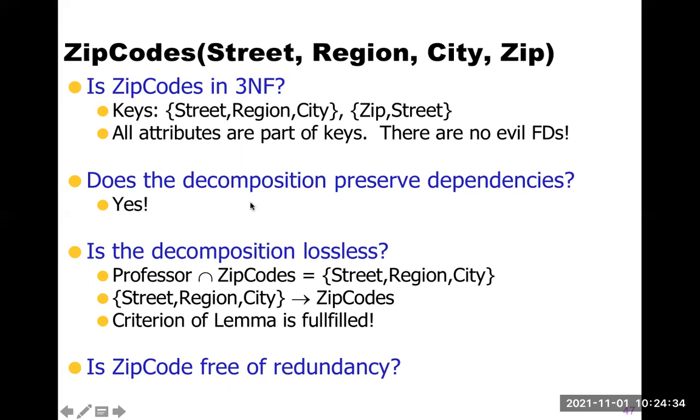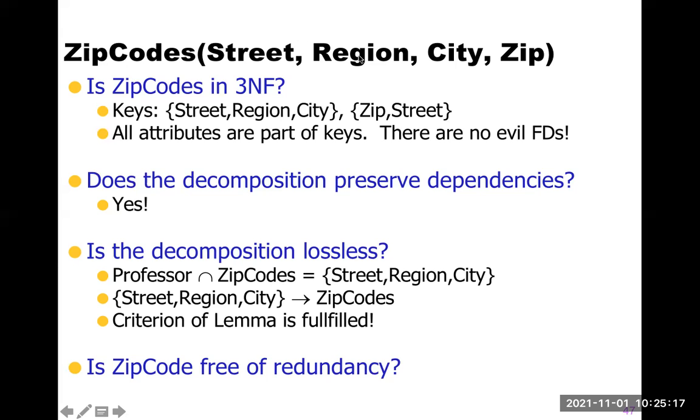Then the check is whether this decomposition preserves dependencies. All the dependencies are here. So we have no dependencies that have something in zip codes and something in another table. So all dependencies are preserved. And for lossless, we build these zip codes from the big professor relation, and we see that the intersection of the professor table and the zip codes table is street, region, and city, and street, region, and city is a key for this table.